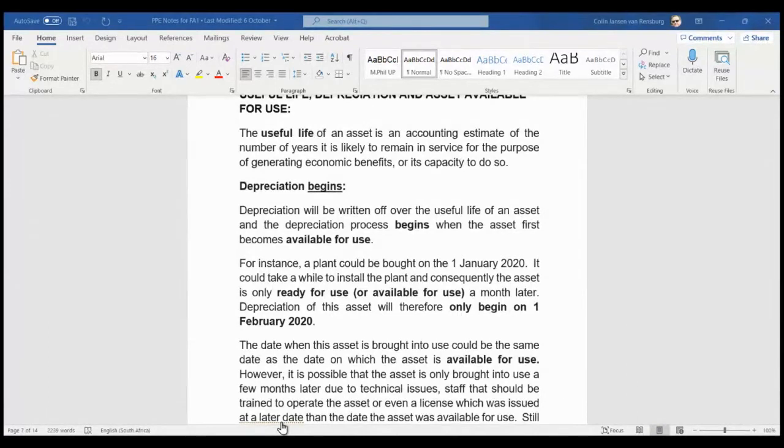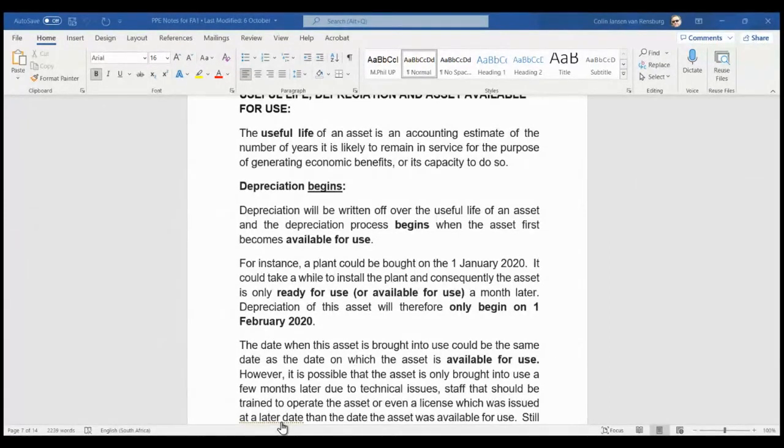It is actually right in front of you, but I still want to see whether we are all on the same page here. When do you start the depreciation process out of those three possible dates? When the asset is available for use. Thank you, Inati. When it is available for use or ready for use.